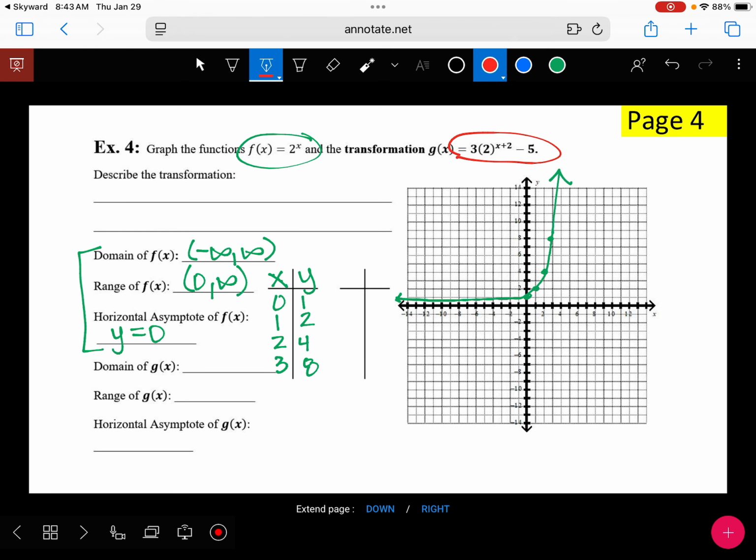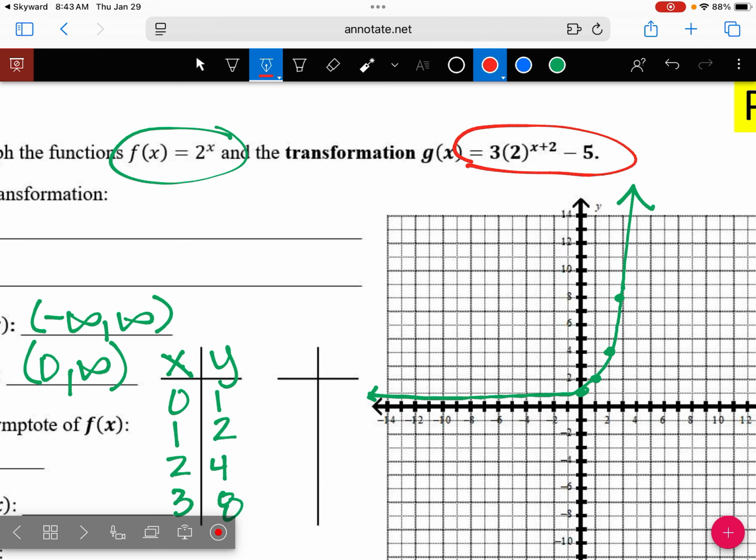Notice that when you compare both of these, they both have a base of 2. That doesn't change. What changes is I put a 3 in the front. So that's my A value.